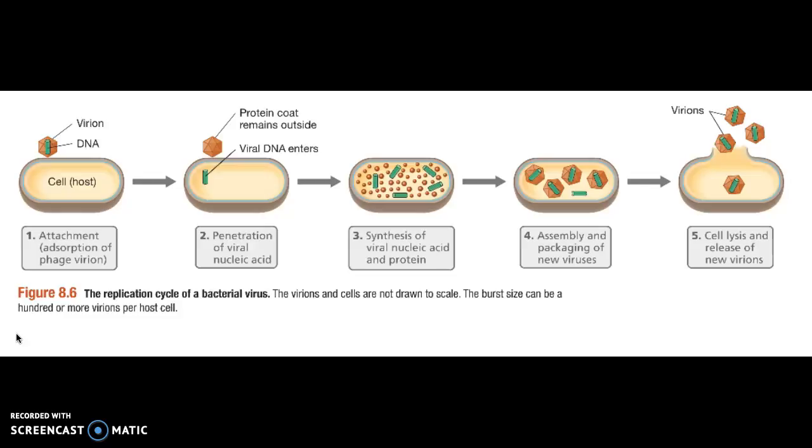Once inside the cell, either the viron or its nucleic acid redirects host metabolism to support virus replication. The virus replication cycle can be divided into 5 major stages: attachment, penetration, protein and nucleic acid synthesis, assembly and packaging, and viron release.